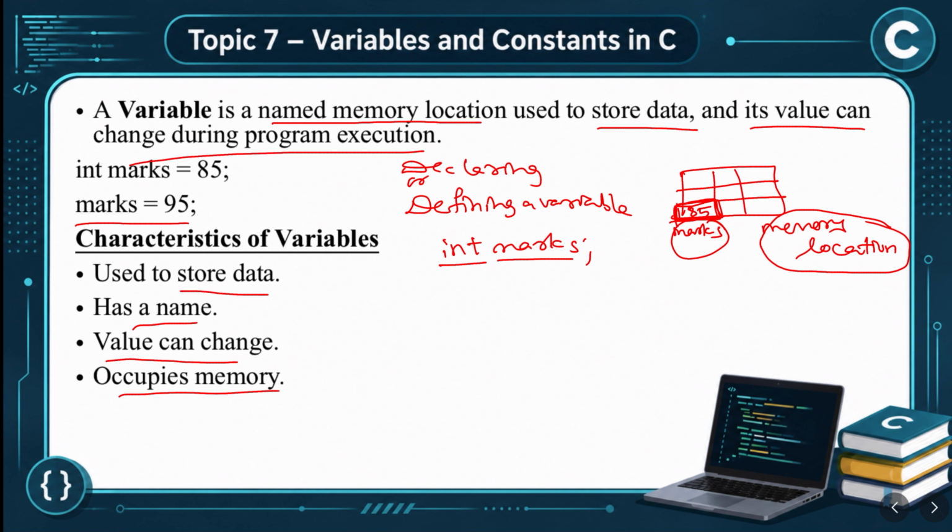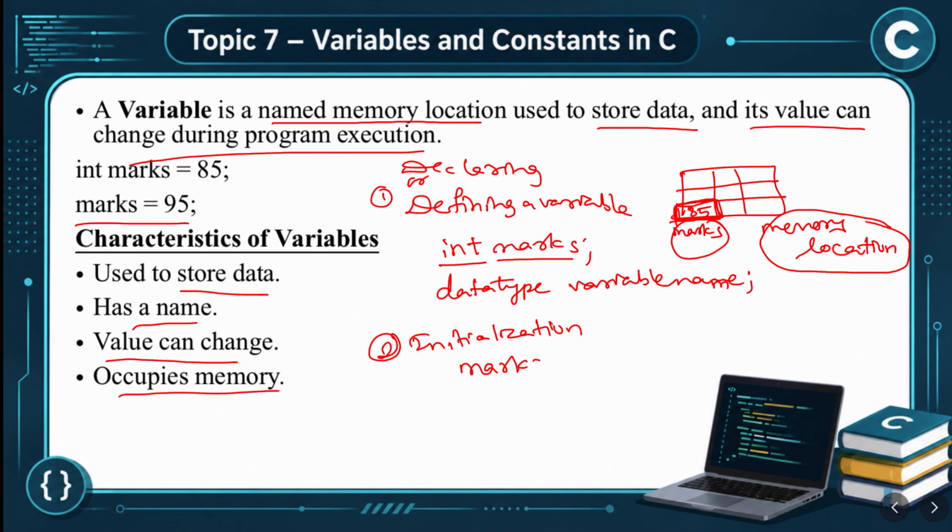So this syntax will be the data type, and about data types we are going to see in the next video, what the different data types are, followed by the variable name. This is your declaration or defining the variable. There is one more thing, that is initialization, where you can initialize some value to the variable.